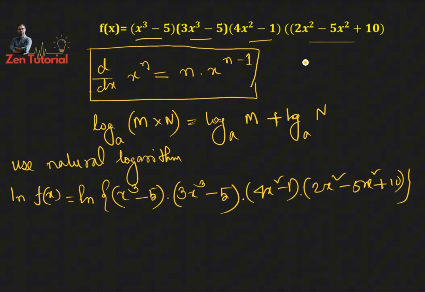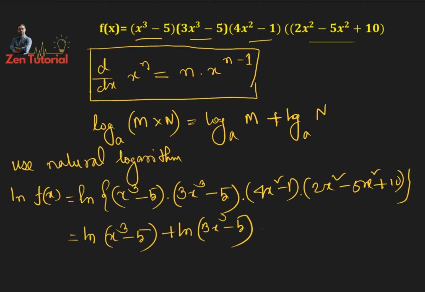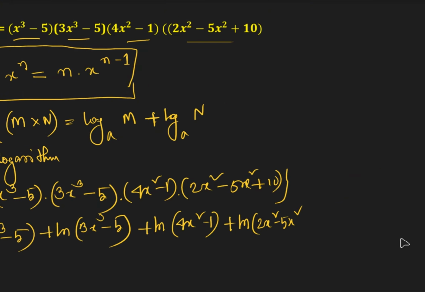Now we can write down ln of x cube minus 5 plus ln of 3x cube minus 5 plus ln of 4x square minus 1 plus ln of 2x square minus 5x square plus 10.